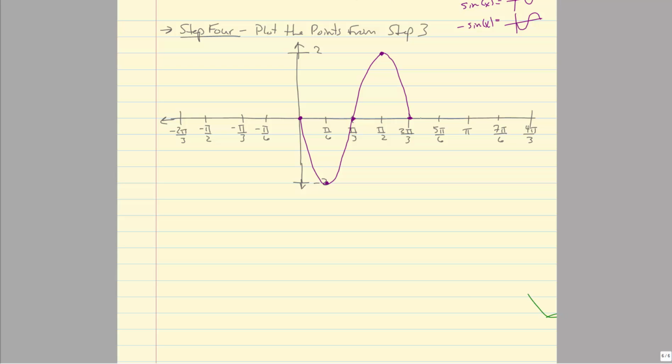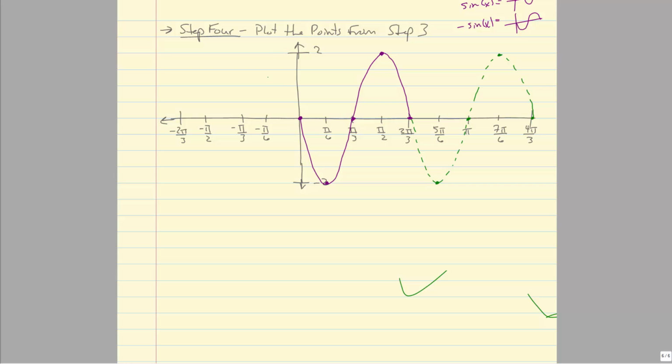Now from here, what I could do is I could just continue on with this pattern. Okay, and if I continue on with this pattern, here's the second period of my sine graph that I have plotted, negative 2 sine 3x, I believe it was. Here's another period.